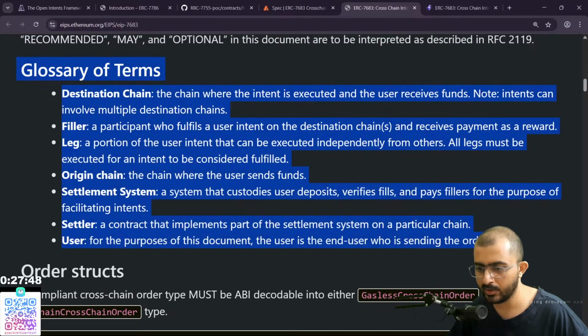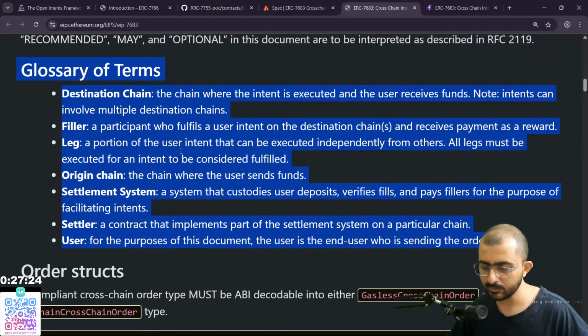Terms. Destination chain, the chain where the intent is executed and the user receives funds. Filler, a participant who fulfills user intent on the destination chain and receives payment as a reward.